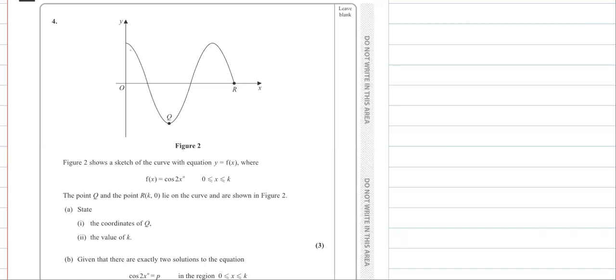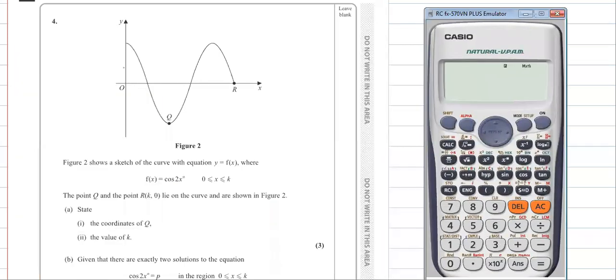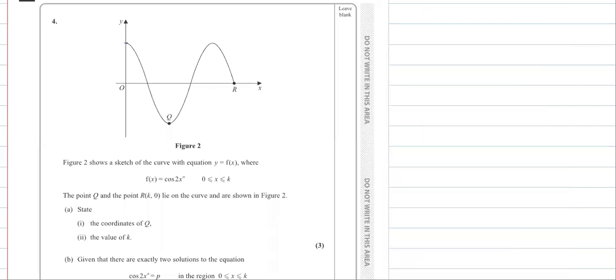Now, if you look at this, this is the graph of the cosine function. For the graph of cosine, we know very well, even if you check with the calculator, that this is the maximum value.